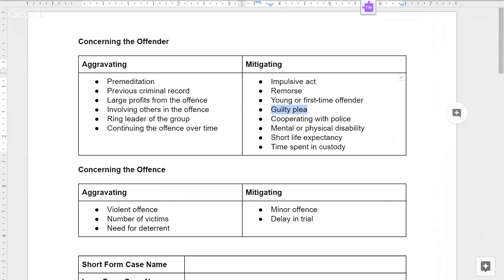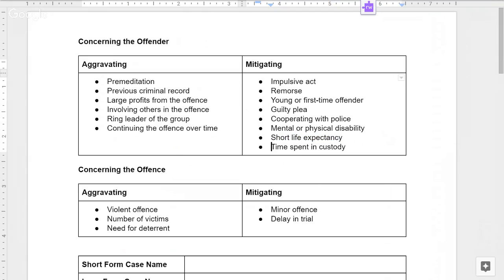Did they plead guilty to the offense? Have they cooperated with police since the beginning? Does the person have a mental or physical disability? Are they expected to not live that long? So will they in fact be dead before the trial even comes?